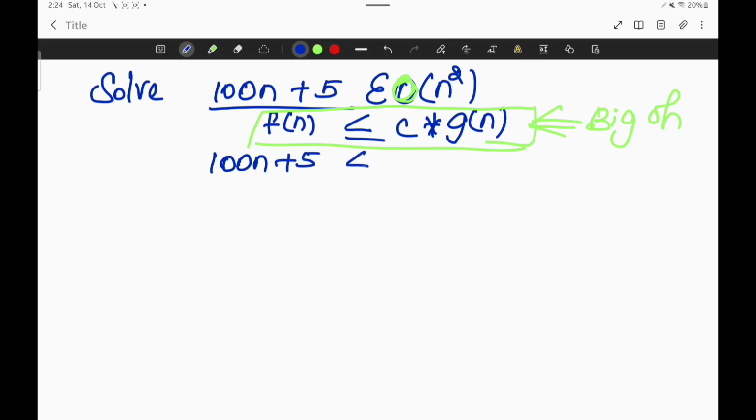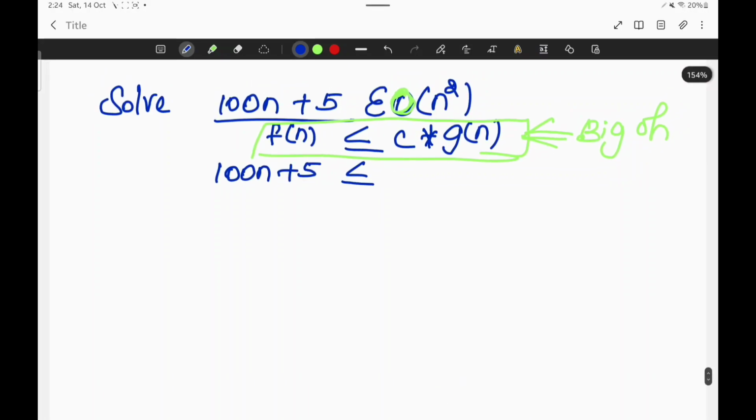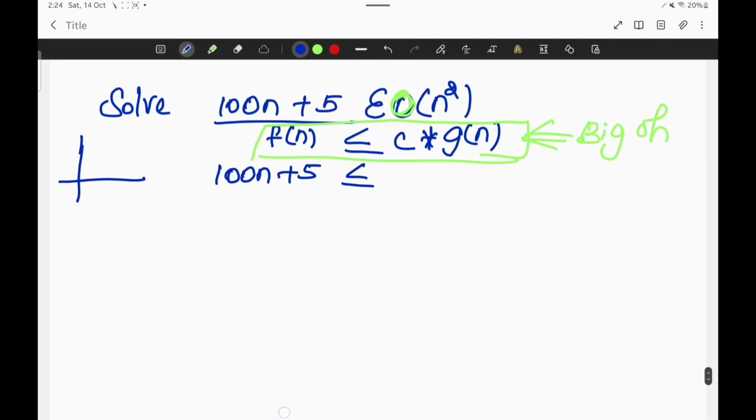For that we substitute f of n: 100n plus 5 less than or equal to c star g of n. This constant c can be found such that, consider the graph. In the graph what we have is f of n and g of n, that is c star g of n. At one particular point, when n is some value, n equal to 5 or 0 or something else, at that point c star g of n is greater than f of n.